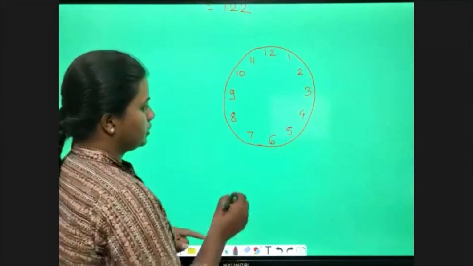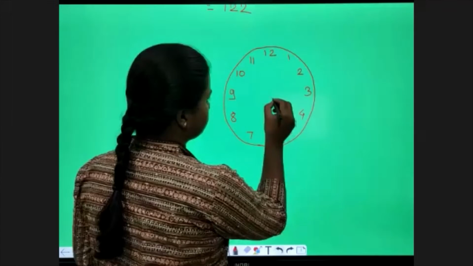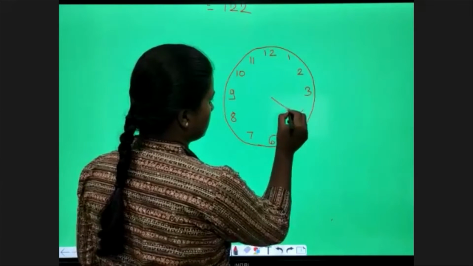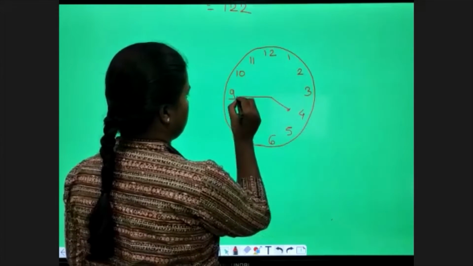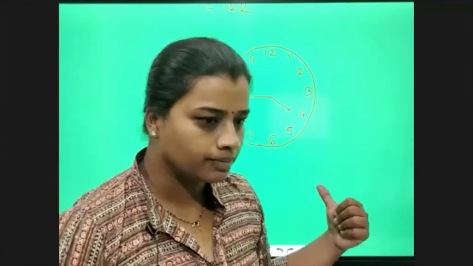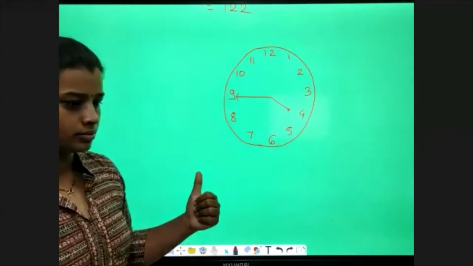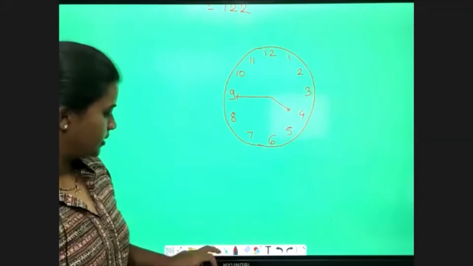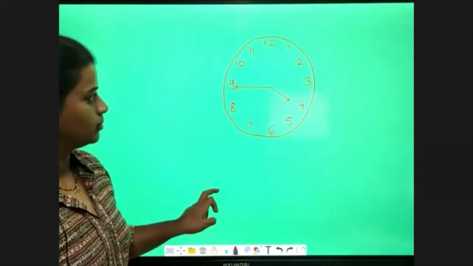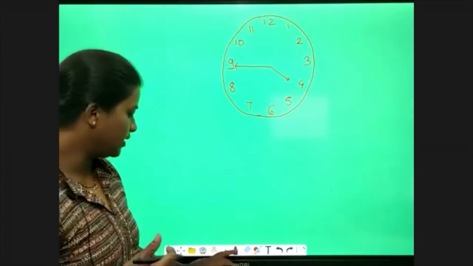So this is the small hand and this one is big. Is it right, 3:45? Yes, 3:45.